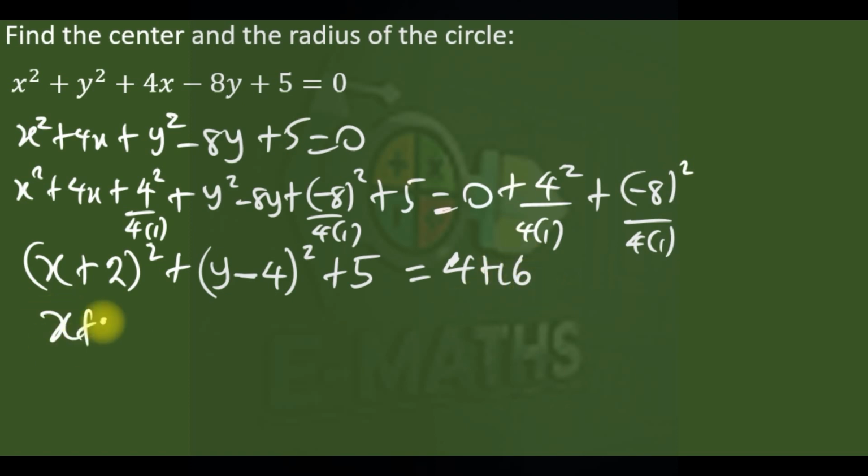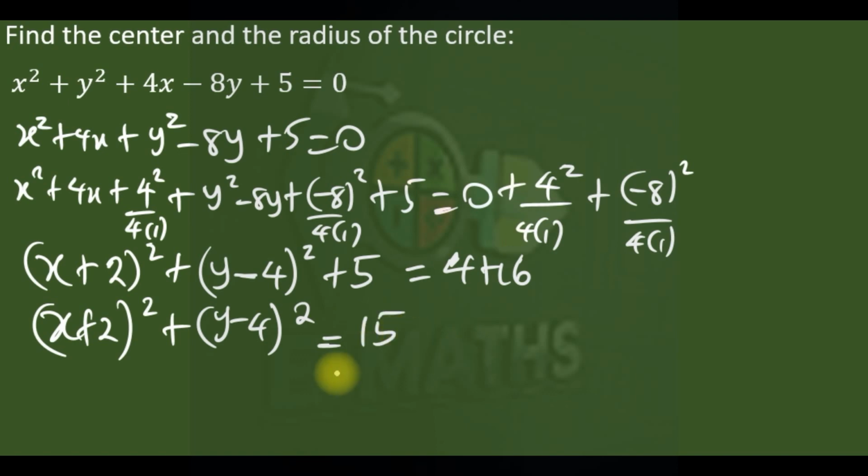So we have x plus 2 squared plus y minus 4 squared is 20 minus 5, which is 15. And we can write 15 as root 15 all squared. So our radius is root 15.